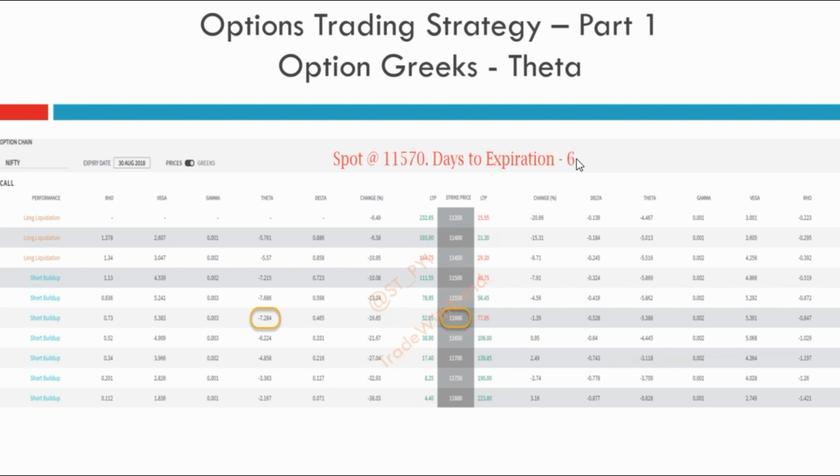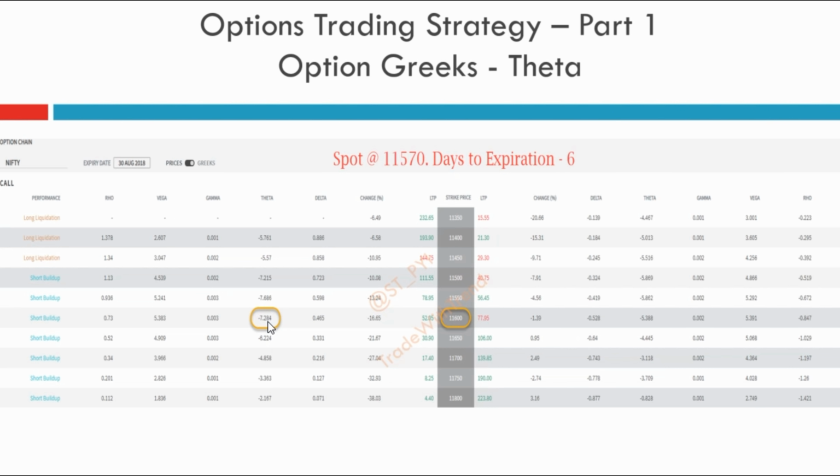So the next day, with 5 days left to expiry, subtract this -7 from the premium value and you will get about 45. So with 5 days left to expiry, the premium value should be 45. Once you have just 4 days left to expiry, again subtract this -7. Mind you, with 6 days left to expiry the theta value is -7, with 5 days this theta value would go up to -8 or -9.